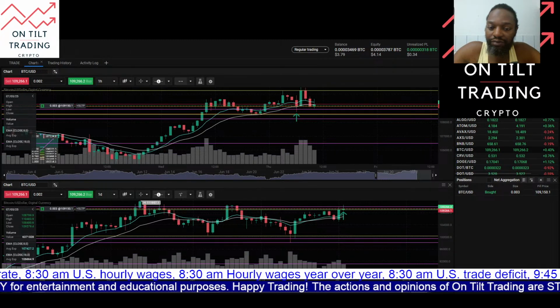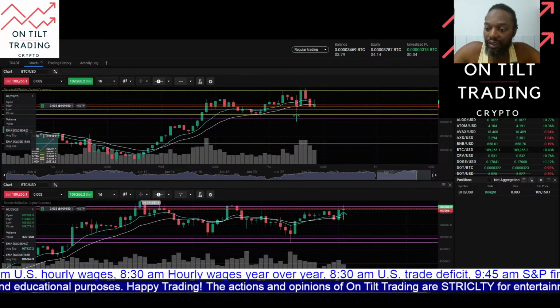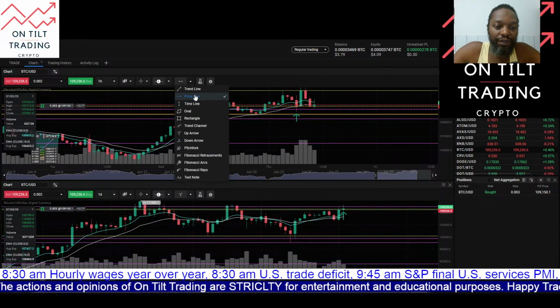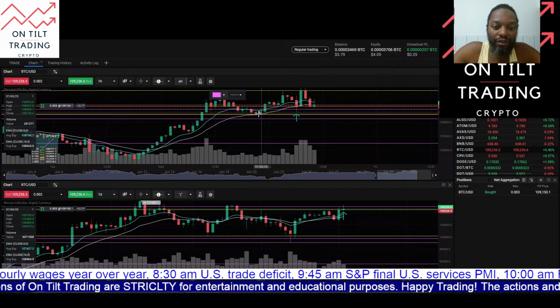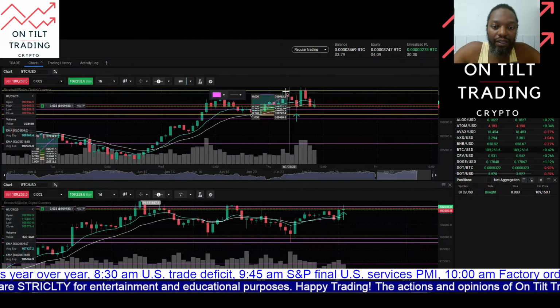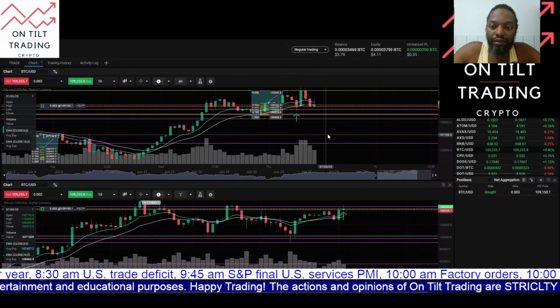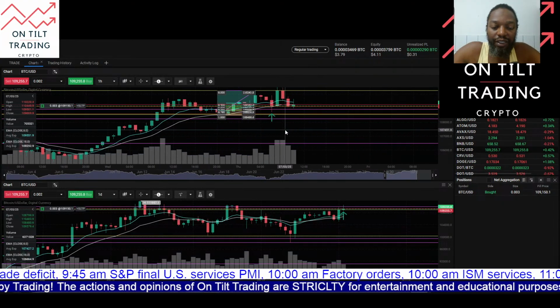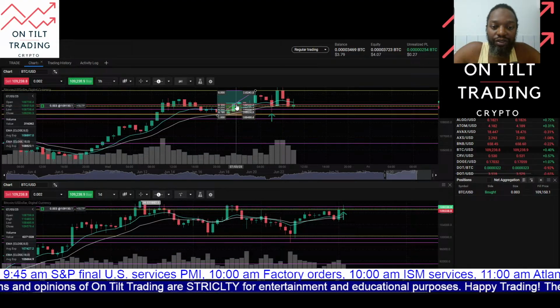So this is the break of structure that I would want to see, and then I set up the Fibonacci retracement tool once I see this break of structure. This meets my criteria for break of structure.